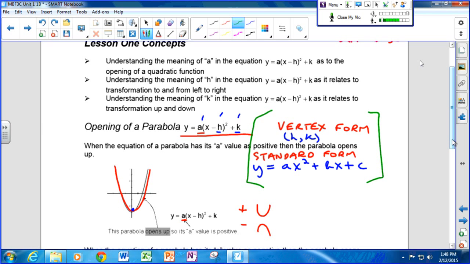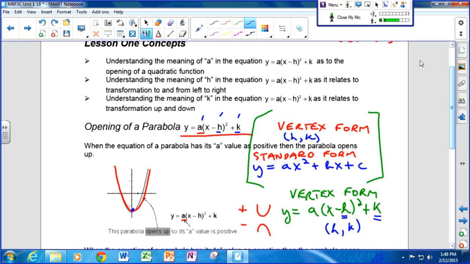But as long as you recognize standard form and vertex form, vertex form is y equals a times (x minus h) to the power 2 plus k. And the nice thing vertex form gets us is that the h and the k tell us what the vertex of the parabola is. So that's the highest or the lowest point.